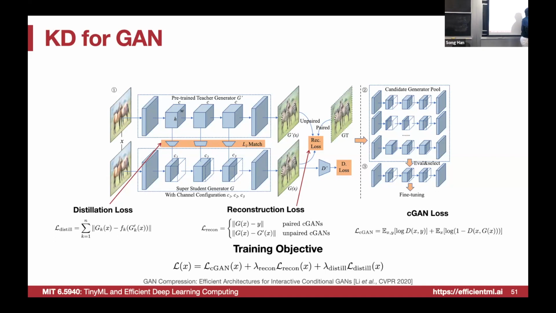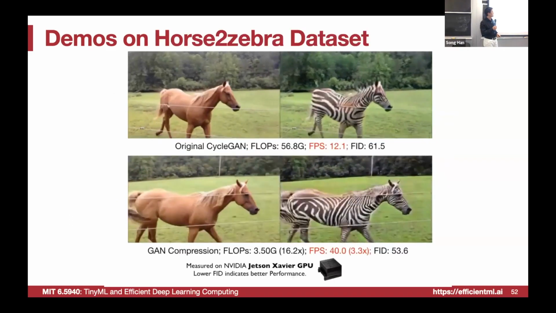Actually, that's another example showing we can combine neural architecture search with distillation, because when we are training, we have a candidate generator pool. We can select a full channel or partial channel, similar to the one-for-all approach. It's elastic. You can choose a sub-network rather than the full network.